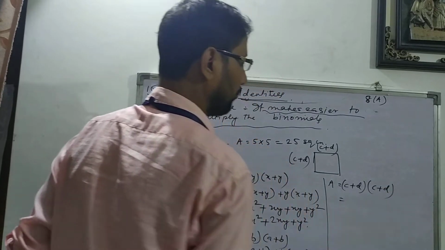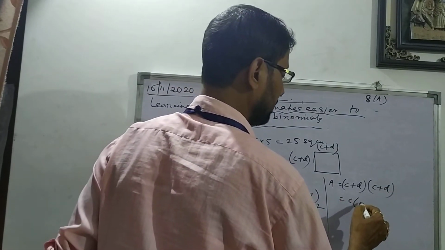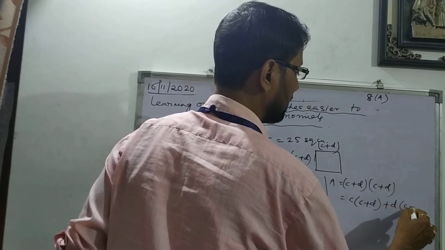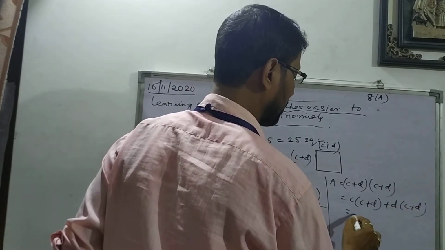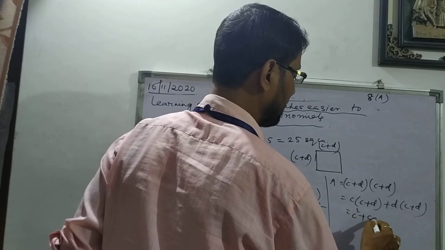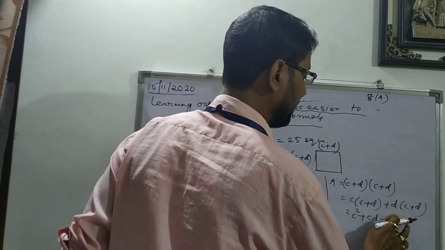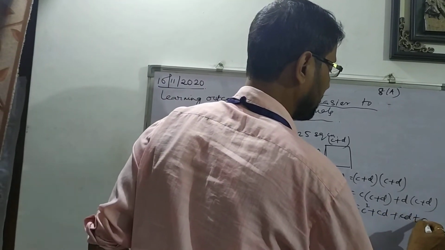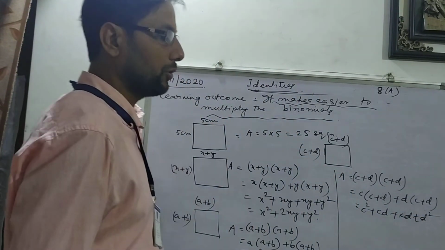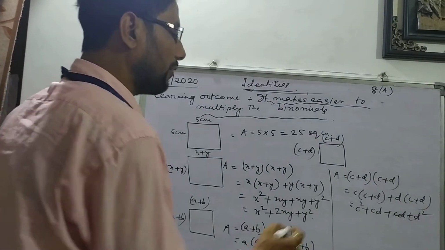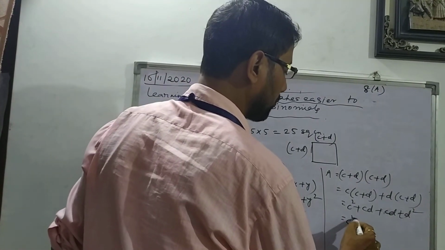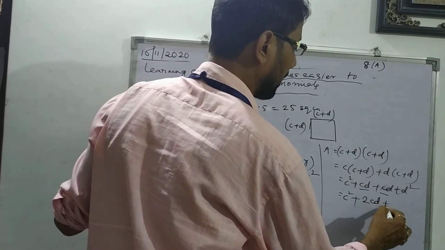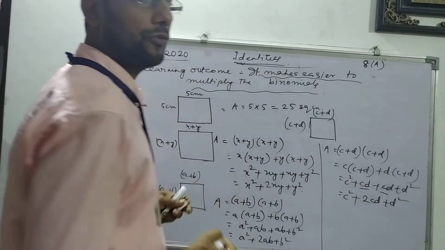So it is c square plus cd plus dc; dc we can write as cd, no problem. Then plus d square. So it is c square plus cd plus cd, 2cd, plus d square.